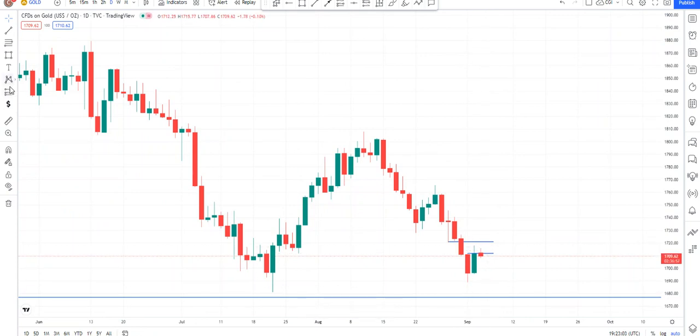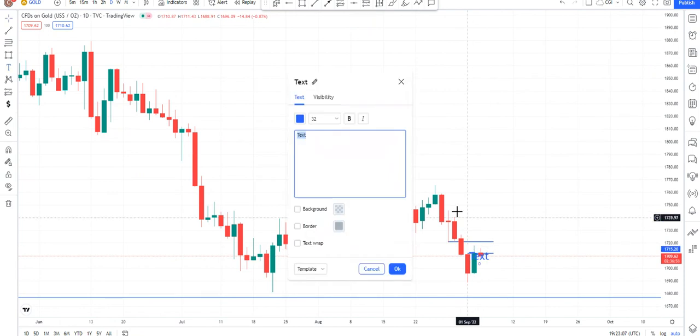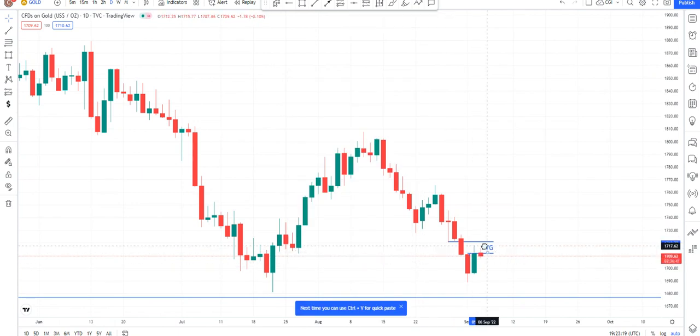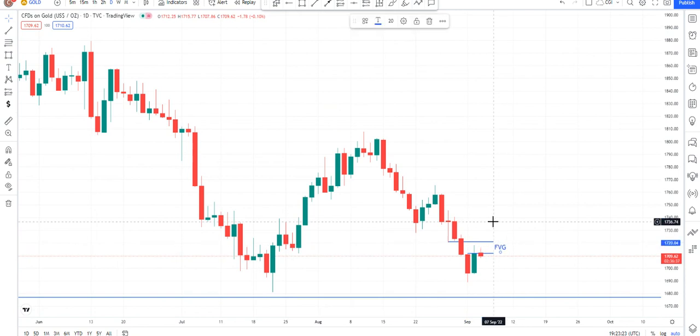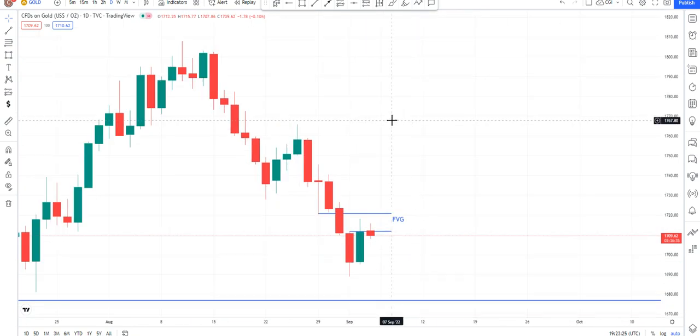Let me write some text first. I'll write that it's a fair value gap. Reduce the font.